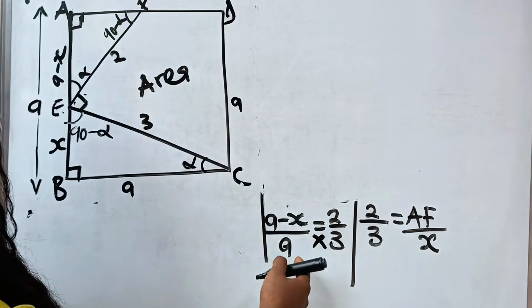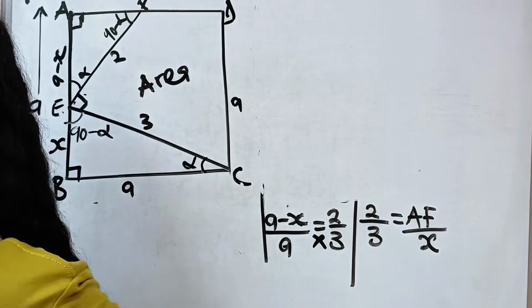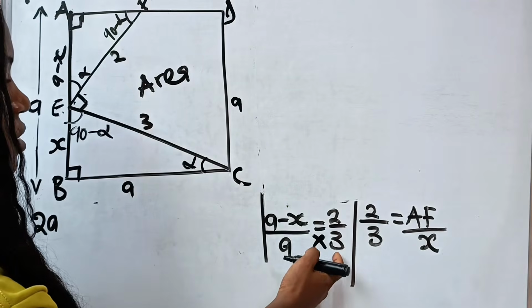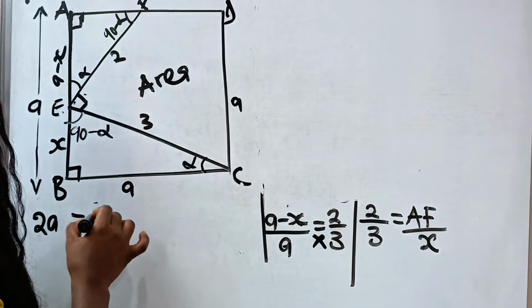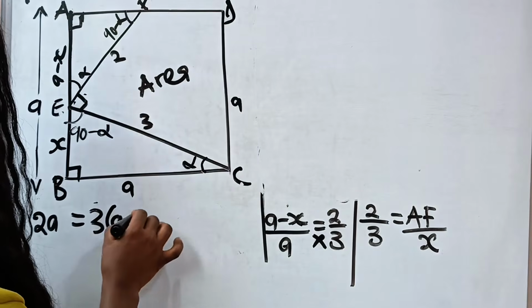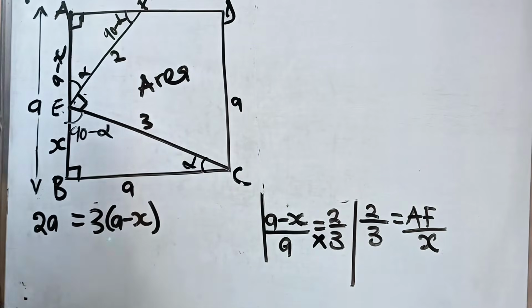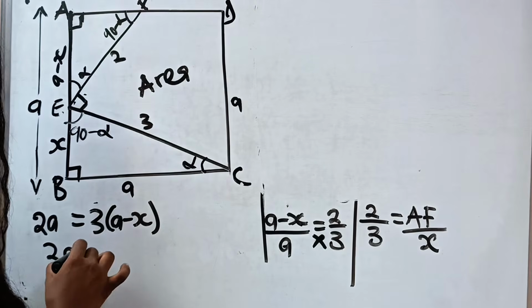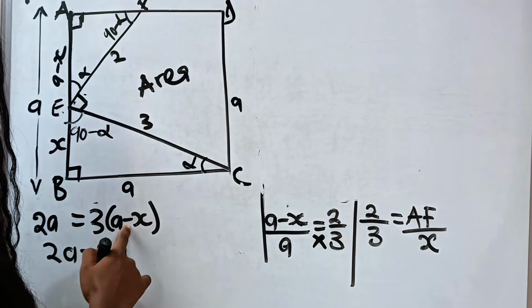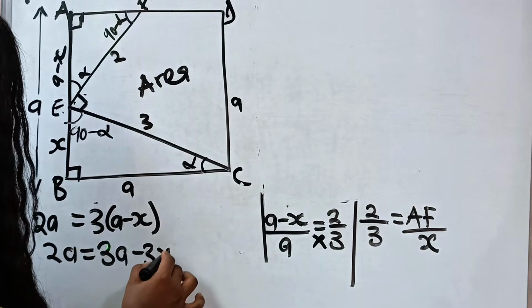If we cross multiply, we have 2 times a is equal to 2a, and 3 times this will give us 3 times a minus x. So we have 2a is equal to 3 times a is 3a, and 3 times minus x is minus 3x.